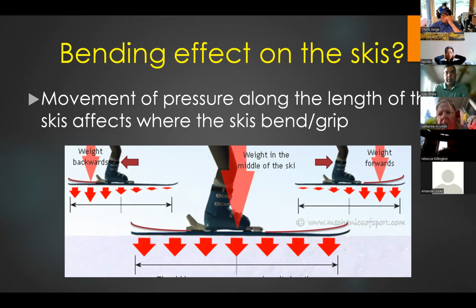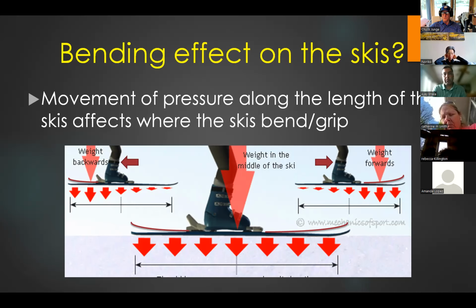As we move pressure forward into the ski, which is the one over here on the right, we make the fore part of the ski bend more than the rear part, which is useful for engaging the ski at turn initiation.